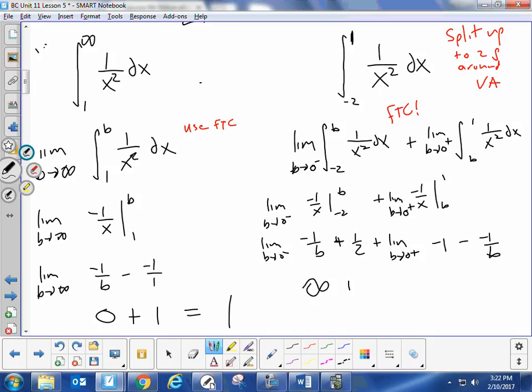Ms. Pena, what happened to the x squared? I took the antiderivative of it. And over here, if I plug in a very small but positive value for b, and I divide it into -1, what do I get? A huge negative number.